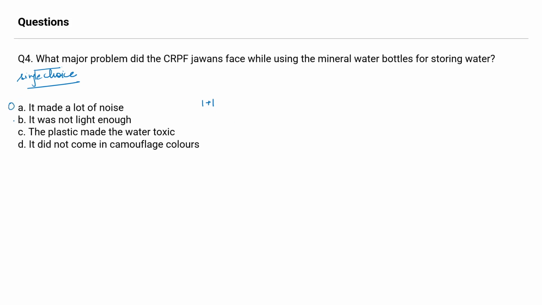I think I should start making these things the moment the question is displayed so that it's quite easy for everybody to understand and process it. What problem did the CRPF Jawan face while using the mineral water bottles for storing water?